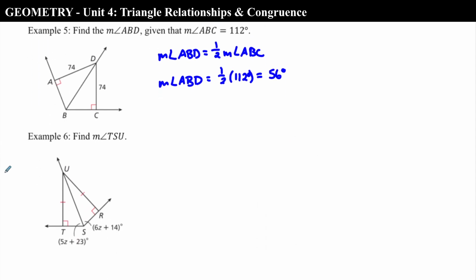For example 6, we're going to find the measure of angle TSU. Okay, so we know that the measure of RSU and the measure of TSU are going to be the same.